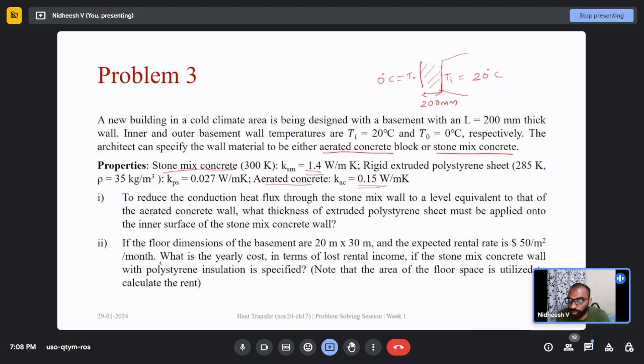Okay, now you can look at the first question. To reduce the conduction heat flux through the stone mix wall, the person has already gone for stone mix wall. Say they have gone for stone mix concrete, so the heat loss is high, right? Thermal conductivity is high, so heat loss is high. Now they want to reduce this heat loss to a level equivalent to that of the aerated concrete wall.